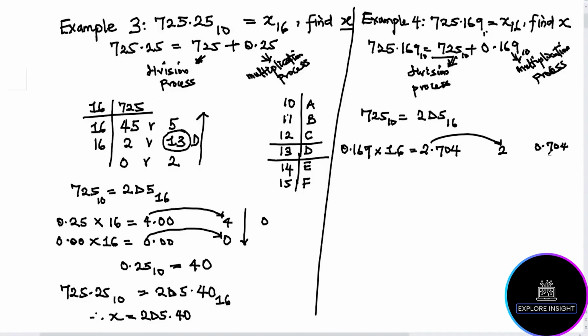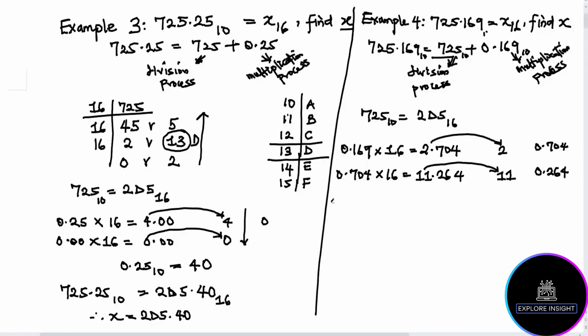Now this 0.704 is what I will take over here to multiply again by 16. So 0.704 multiplied by 16 will give us 11.264. Now we'll take this value 11 to the other side. Now 11.264 minus 11 will give us 0.264.